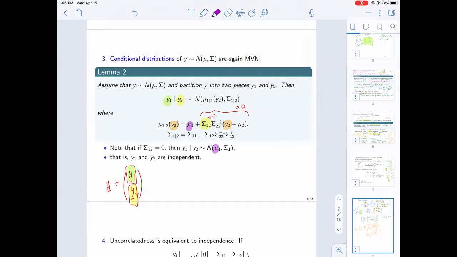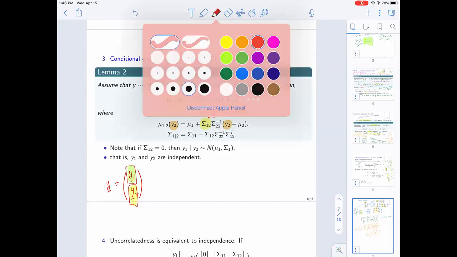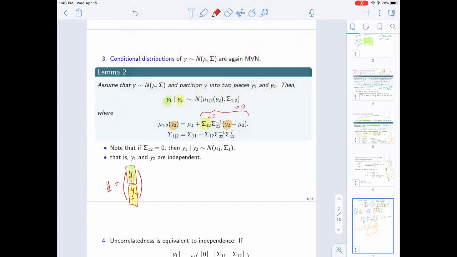The other term is also simplified, so this is also going to be 0. If sigma 1,2 is 0, the conditional covariance is going to be sigma 1.